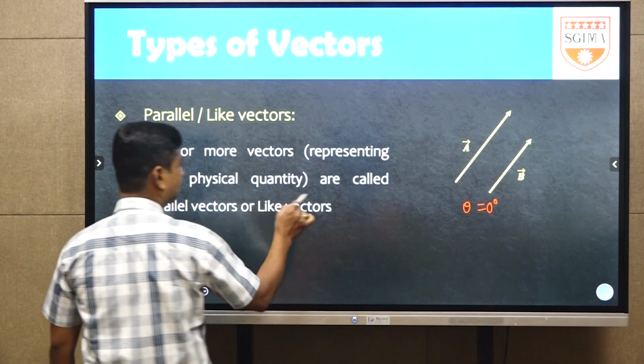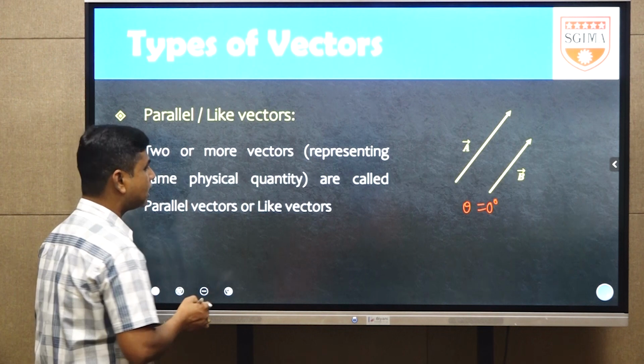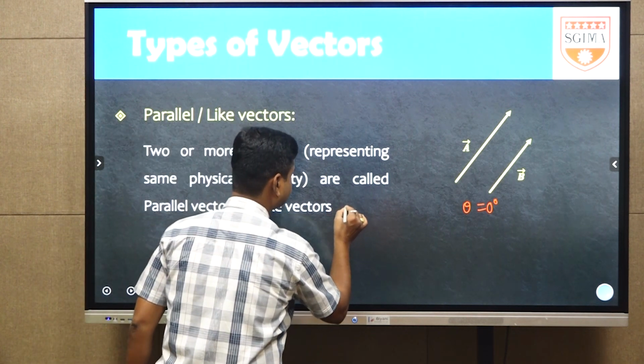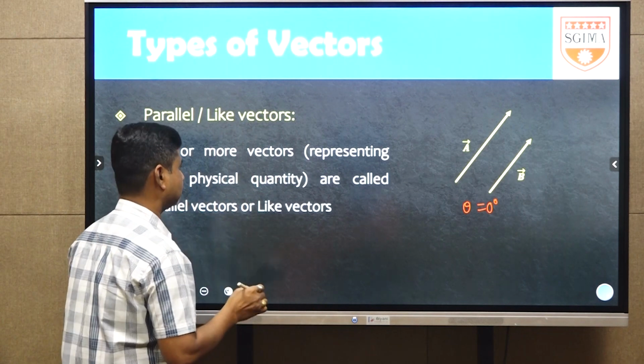Here two or more vectors are called parallel vectors. Its condition is that both are acting in the same direction.